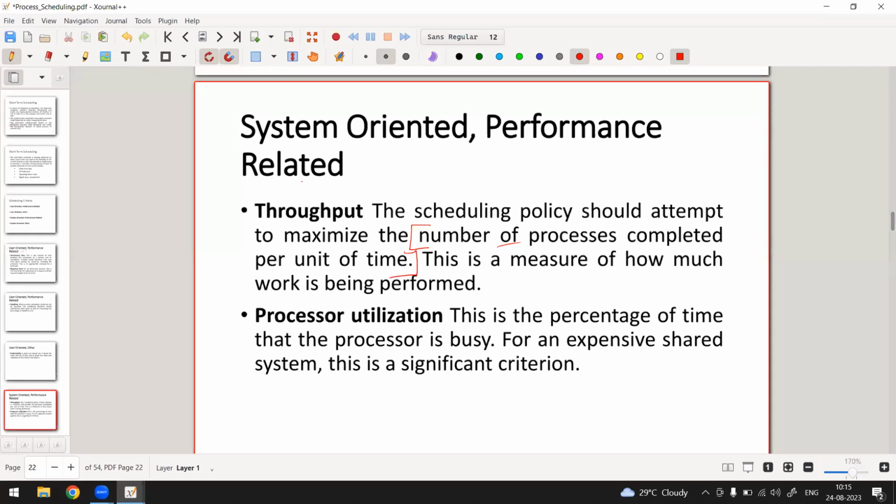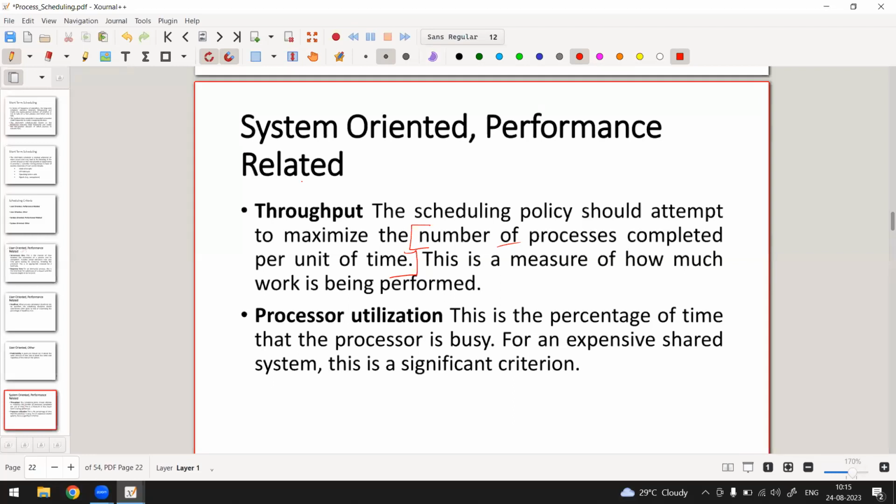This is the measure of how much work is being performed, right? If you are considering 1 second as the unit of time, and in 1 second 5 processes are getting completed, it means that the throughput is 5. So 5 processes per unit of time.